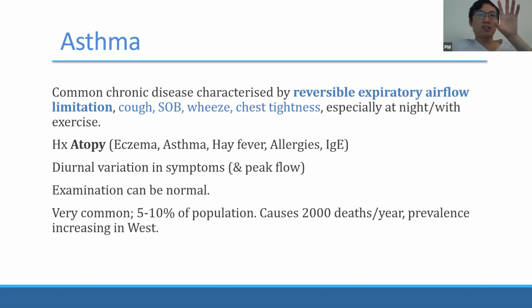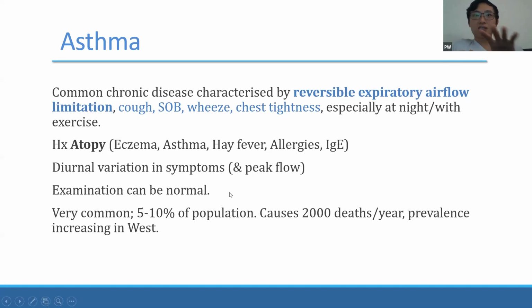Now, in terms of asthma, your examination can be normal. You might hear a wheeze, which is very indicative, but you might find that this person is just symptomatic, and you can't find any impairment to their oxygen levels or anything on examination. But they are just feeling very short of breath and very wheezy. And this is very common. This is bog standard, basically.